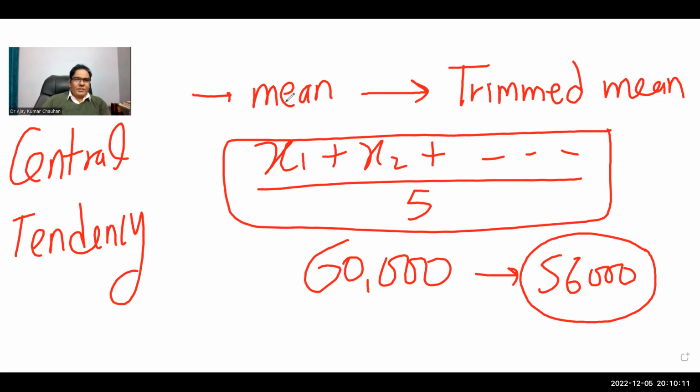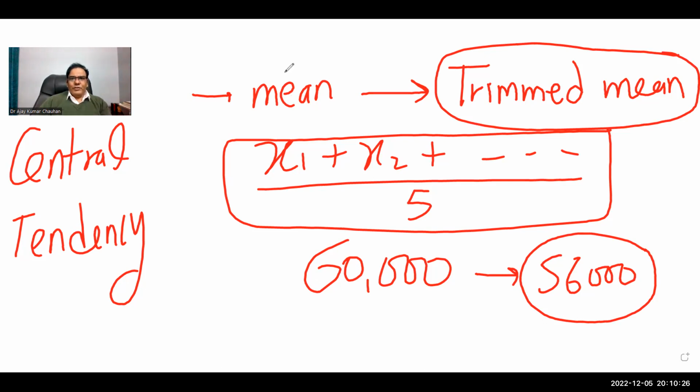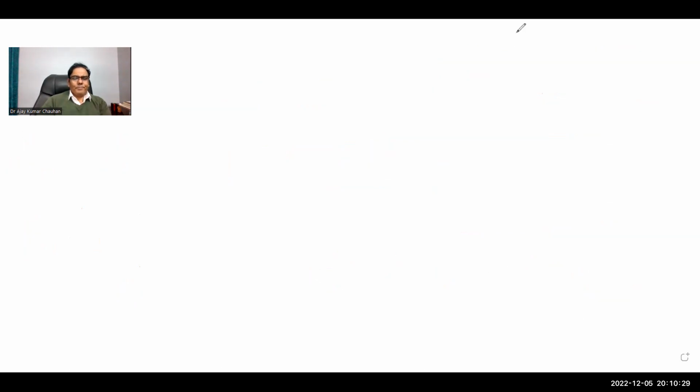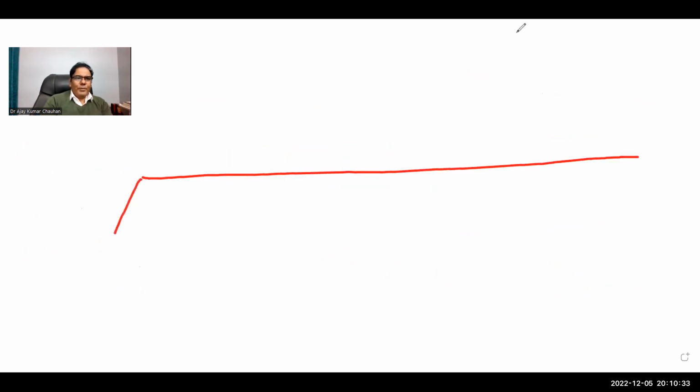So in statistics, to remove the dependency of mean on the outliers, we calculate trimmed mean. So what is trimmed mean? Let me explain. Suppose this is the range. This is the salary of a peon, let's say 10,000. And this is the salary of a CEO, 10 CR.